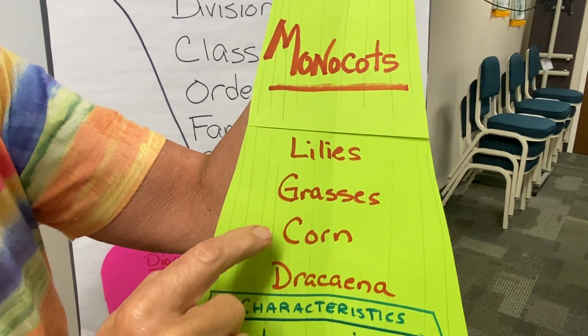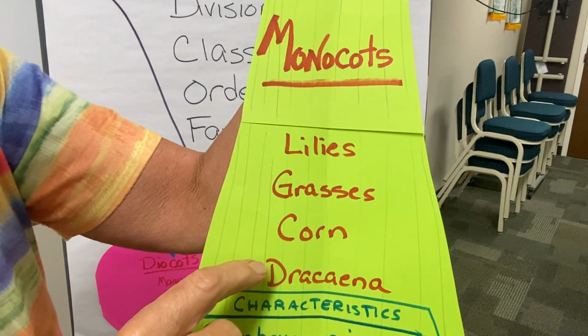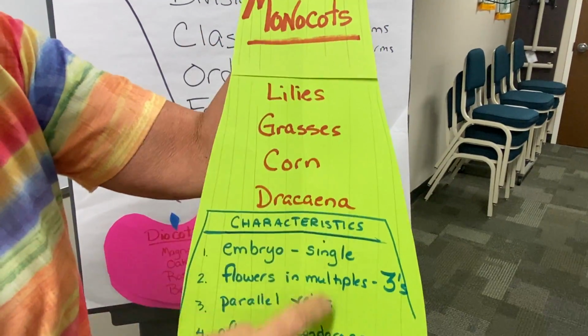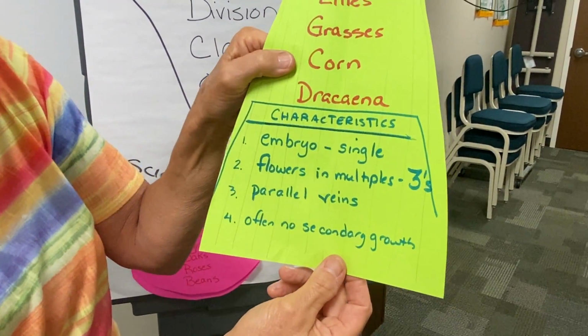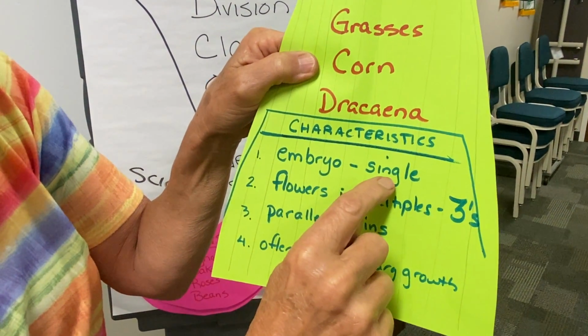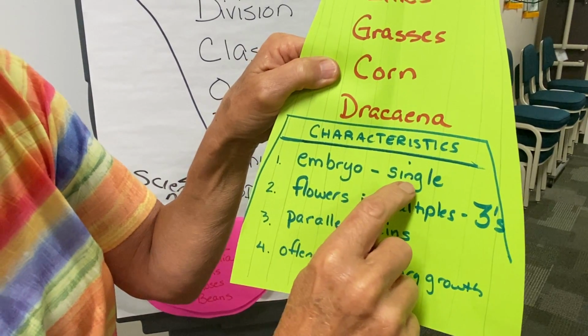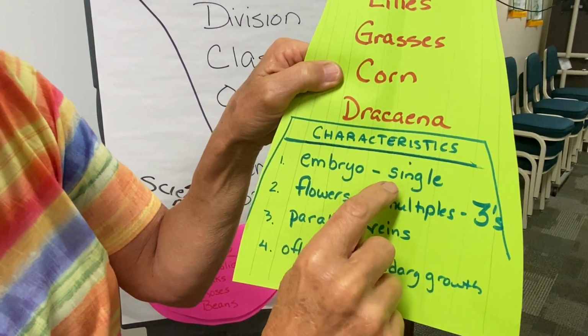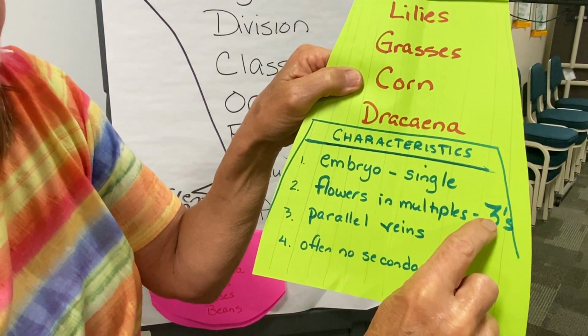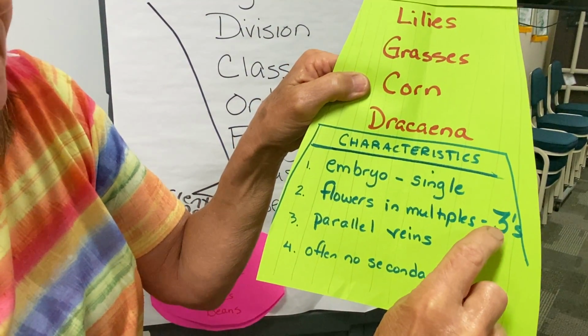Lilies, grasses, corn, and the Dracaena plants that you have to know. They all have this characteristic of parallel veins. So here's the breakdown of the characteristics. The embryo, if you've ever germinated a piece of corn, it just has 1 embryo and it sprouts from there. The flowers are in multiples of 3s. So if you have stamens, there's either 3, there's 6, there's 9.